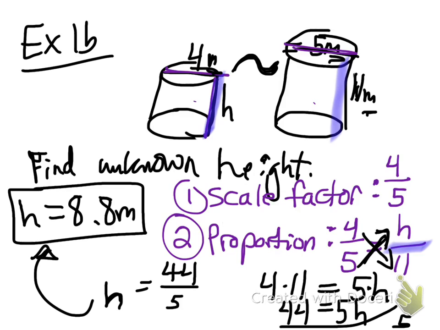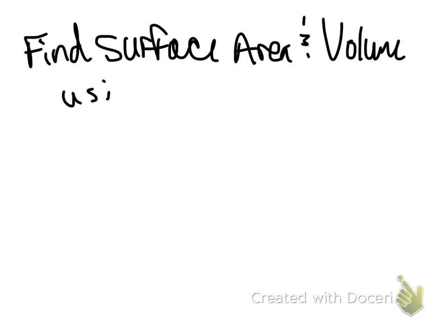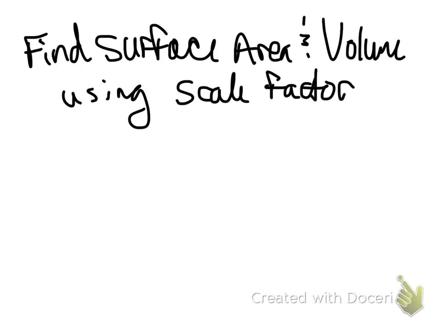Alright. You can also use scale factor to find surface area and to find volume. So we still need to be working with similar shapes, similar solids, and finding a scale factor, and then we can go ahead and figure out what an unknown surface area or an unknown volume is.